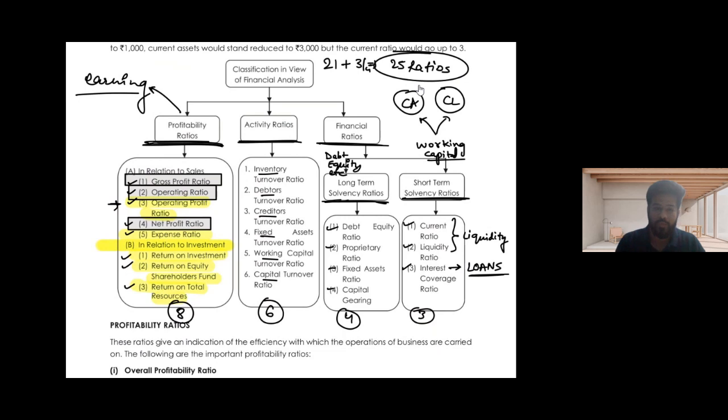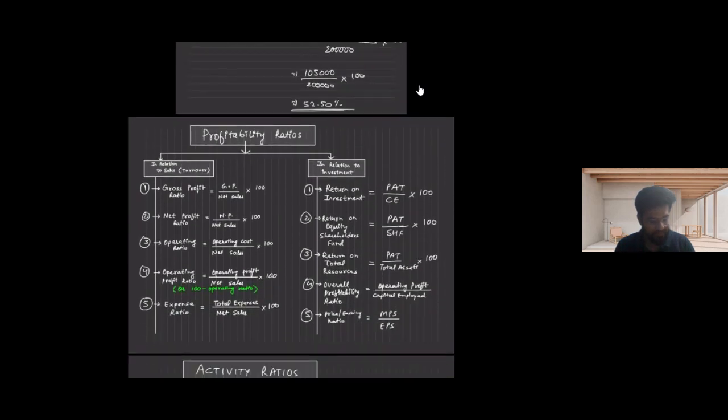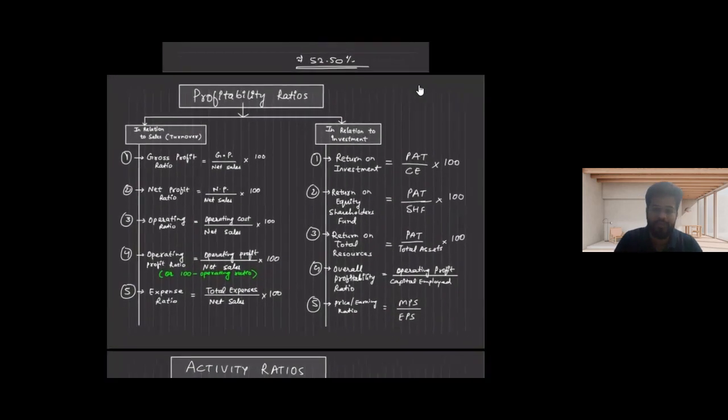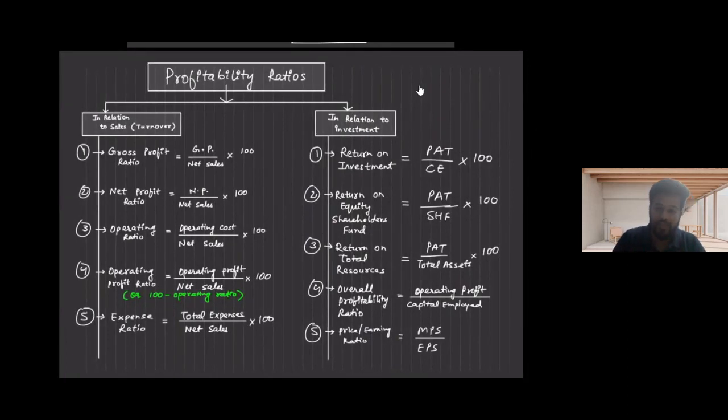Those two will be covered right now. I have prepared one chart so that you can directly take a screenshot and know all the formulas relating to the profitability ratios in one place. So these are all the profitability ratios which are important for you.